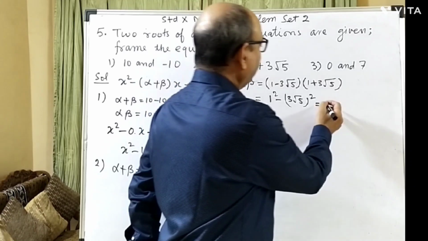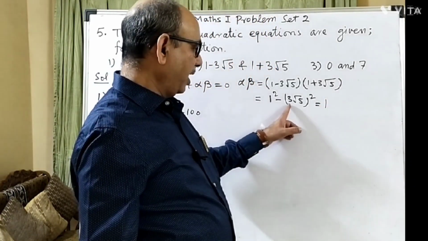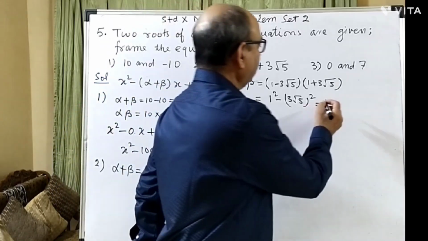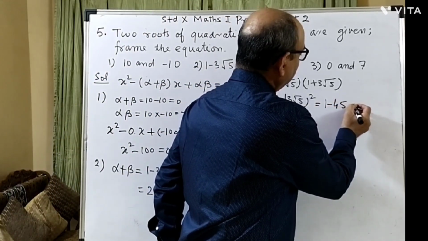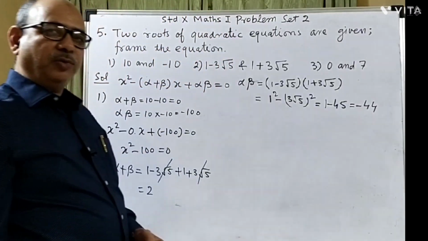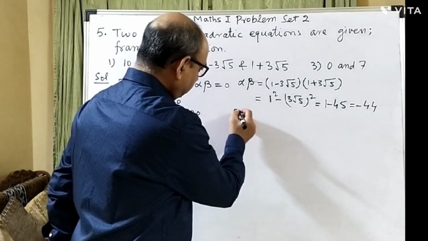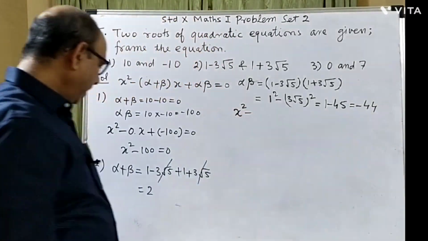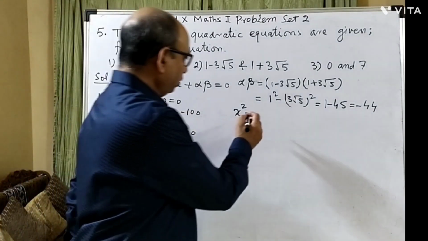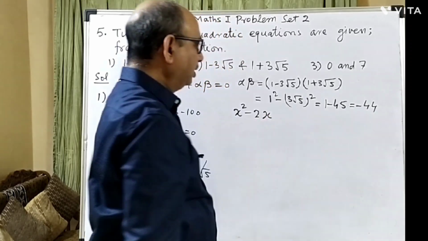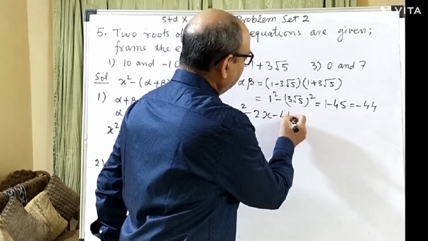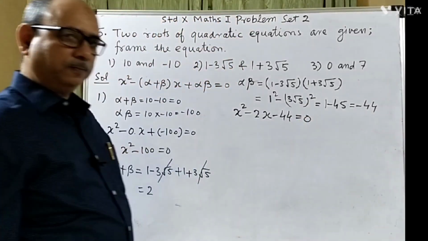This will be equal to 1 square is 1, 3 square is 9, root 5 square is 5, 9 into 5 is 45, 1 minus 45, and this is equal to minus 44. So the required quadratic equation is x square minus sum of the roots, means alpha plus beta, that is 2x, plus product of the roots, alpha beta, means minus 44 is equal to 0.